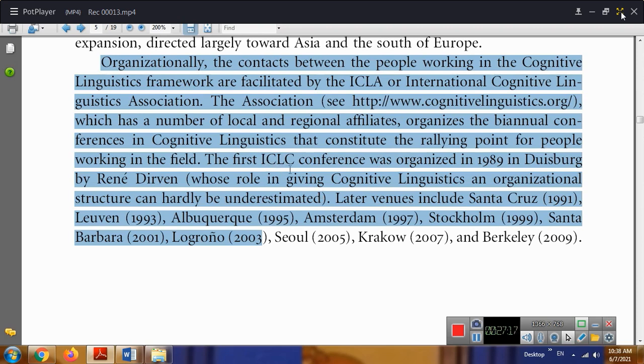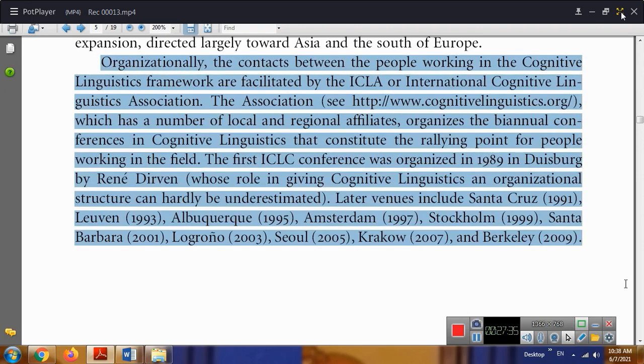The first ICLC conference was organized in 1989 in Duisburg by René Dirven, and later venues include Santa Cruz.